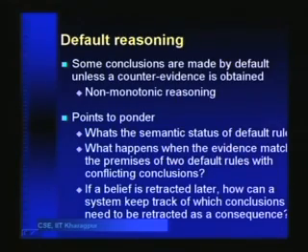So, we have to decide what to do in those kinds of cases. And most importantly, if a belief is retracted later, then how can a system keep track of which conclusions need to be retracted as a consequence? Because when we add a fact into the knowledge base, we can use that fact to deduce other facts.